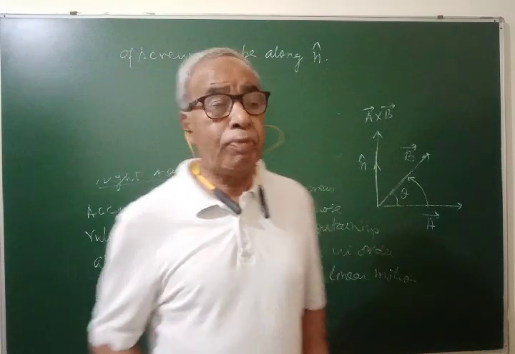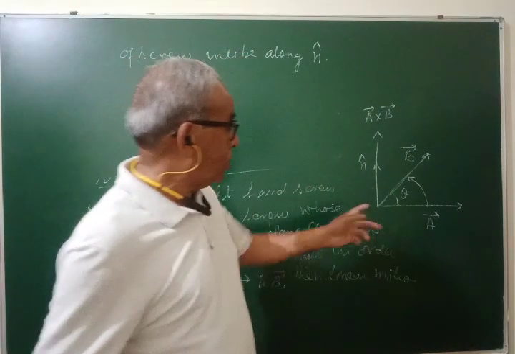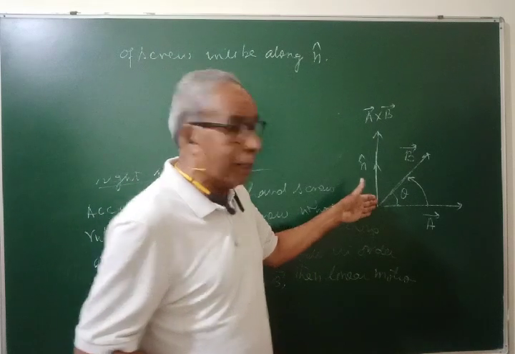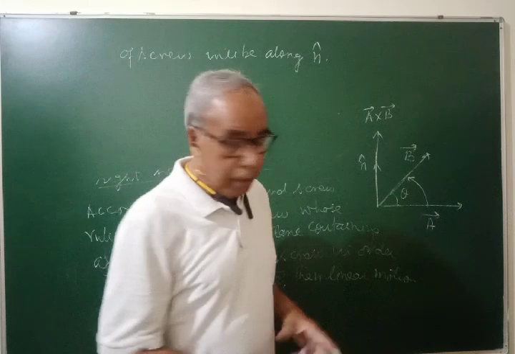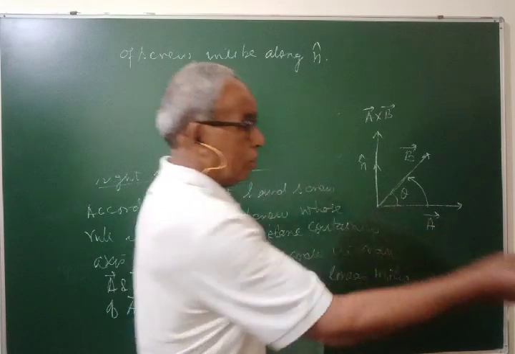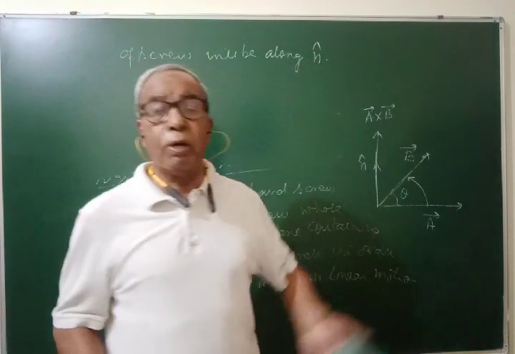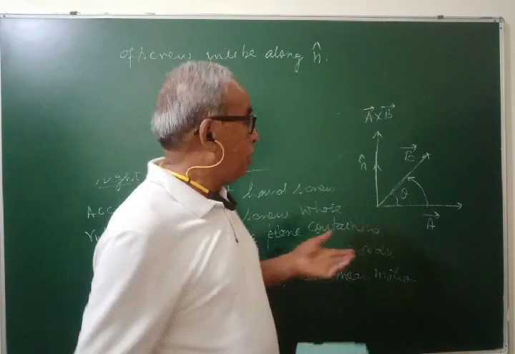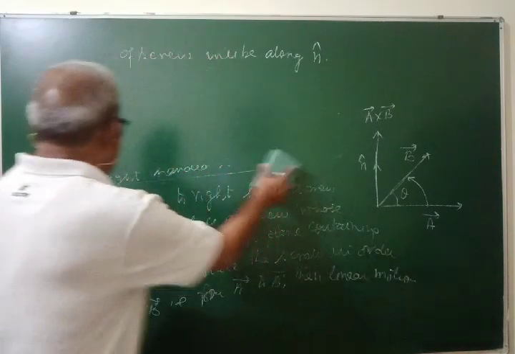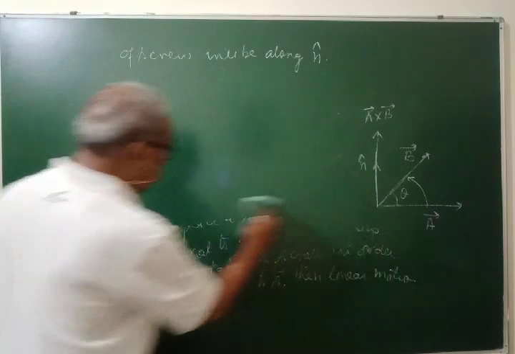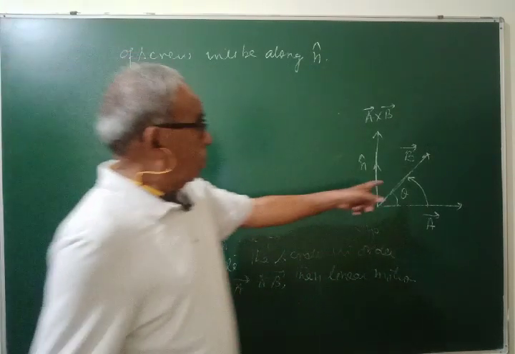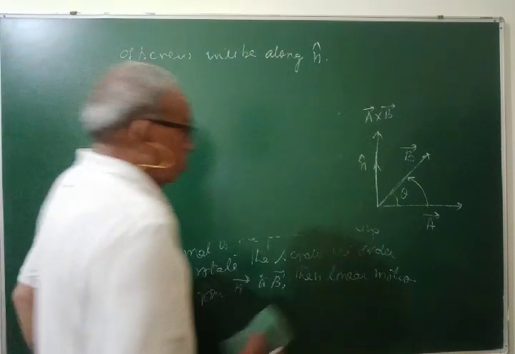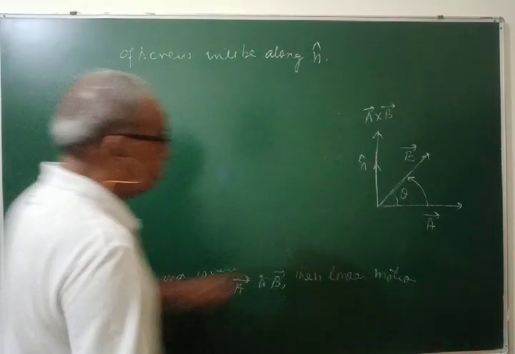Please don't get confused with this diagram. Actually this line of A cross B is normal to the plane and outward. But here we can't draw the line, so we have taken a convention that whatever is normal to the plane of the board should be shown vertical upward.